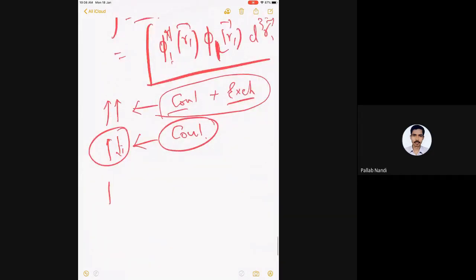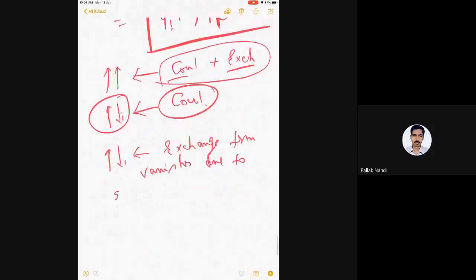So for an anti-parallel spin, the exchange term vanishes due to spin orthogonality, which means alpha with beta is 0.